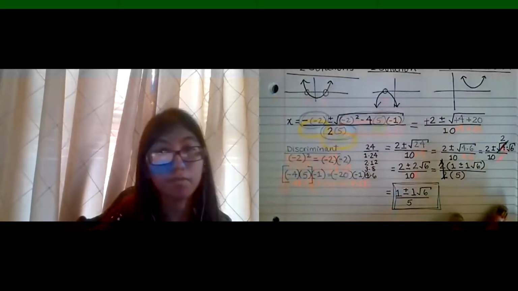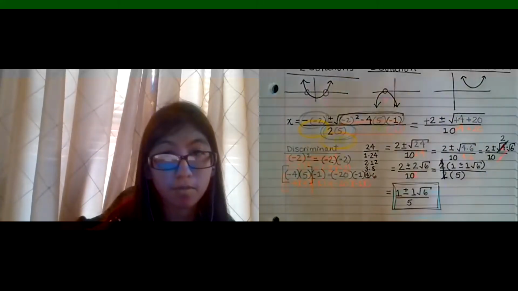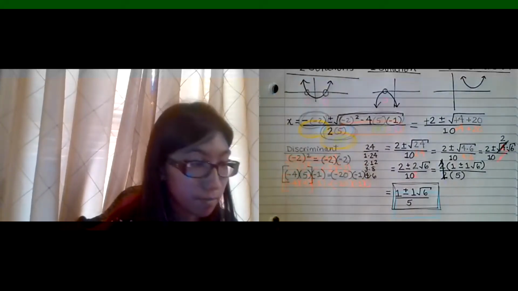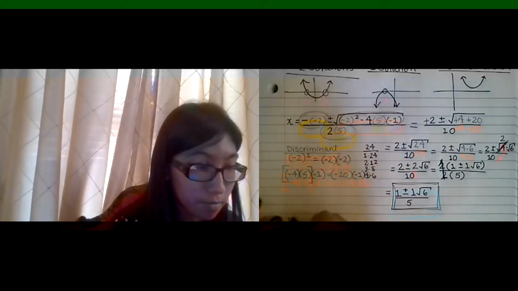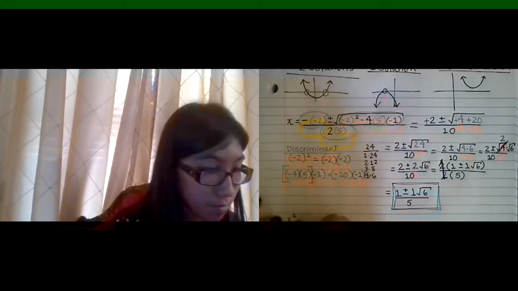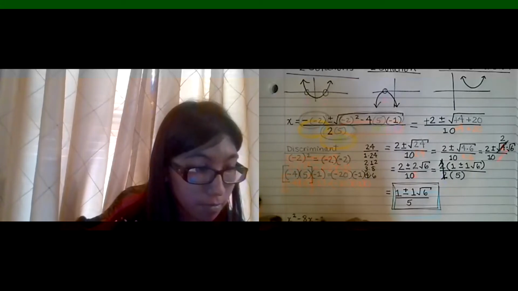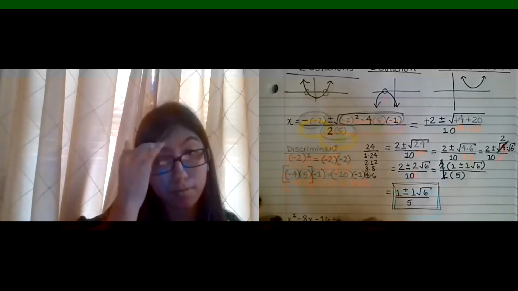Now, I know I wrote really big on this piece of paper here. So you have to do on your own the one that says x squared minus 8x minus 16 is equal to 0.